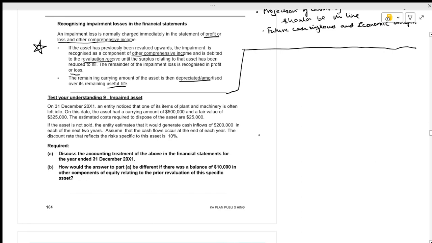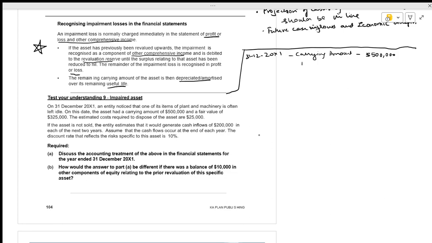Fine. On 31st December 2001, the entity noticed that one of its plant and machinery is often left idle. On this date, the asset carrying amount is 500,000.